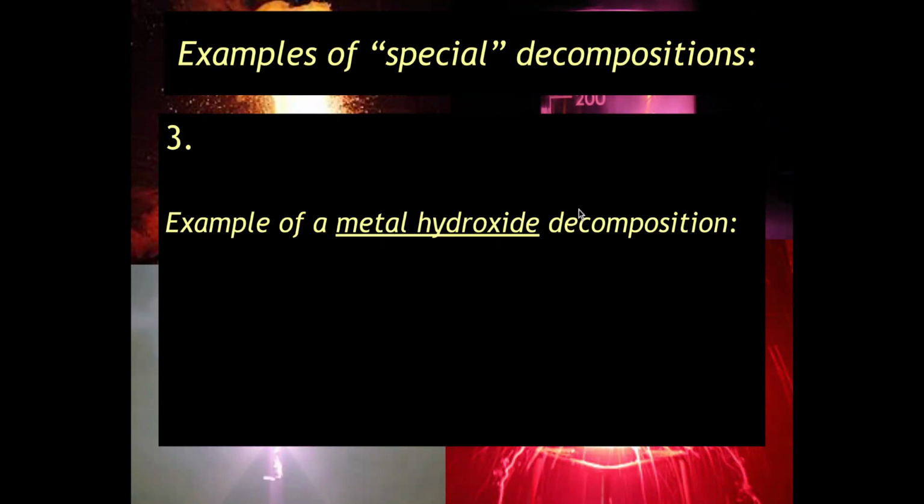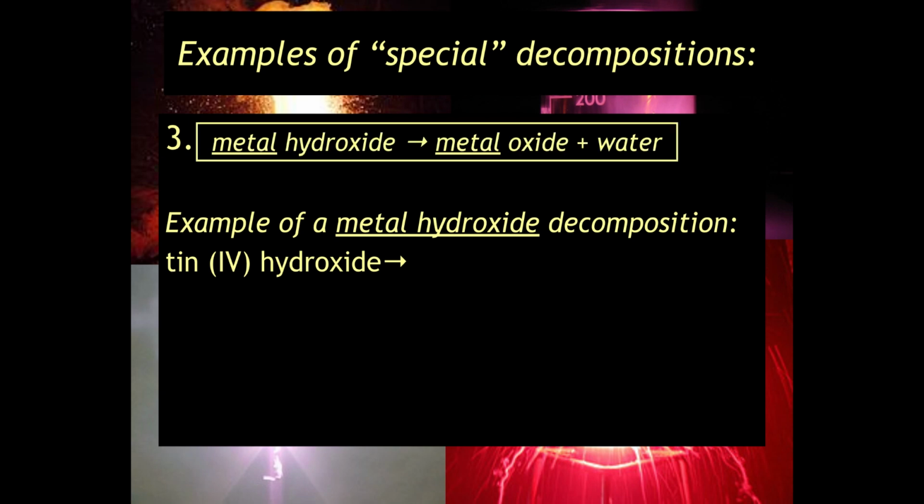Okay, last case of special decompositions. If it's a metal hydroxide, again, hydroxide, you can look it up on the polyatomic ion sheet. What happens when some metal hydroxide decomposes? So, for example, say you've got tin hydroxide.